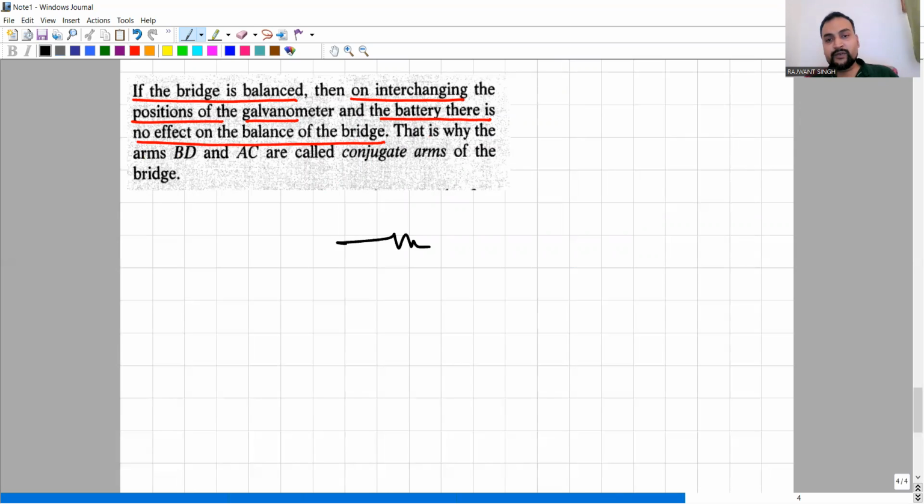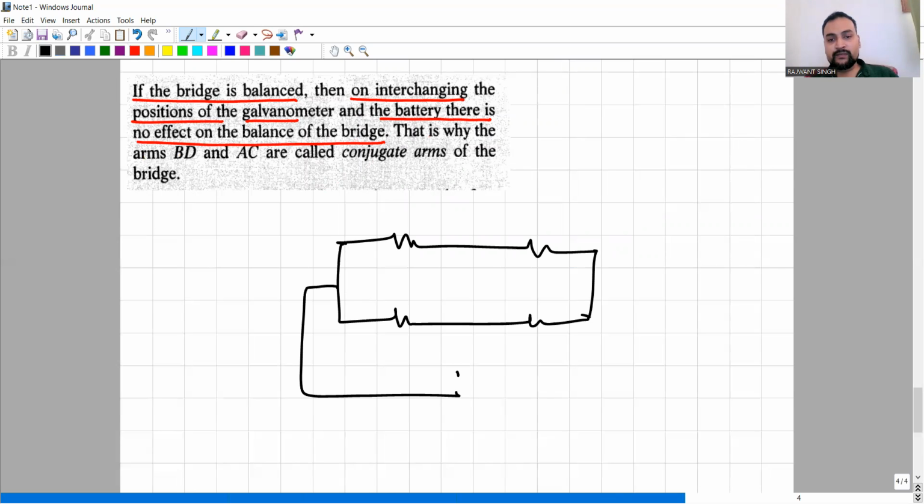It means that if you have this Wheatstone bridge, and this is your battery, and this is where you have connected your ammeter or galvanometer, and if I put the battery here and then put the ammeter here, then again this will be a balanced condition.